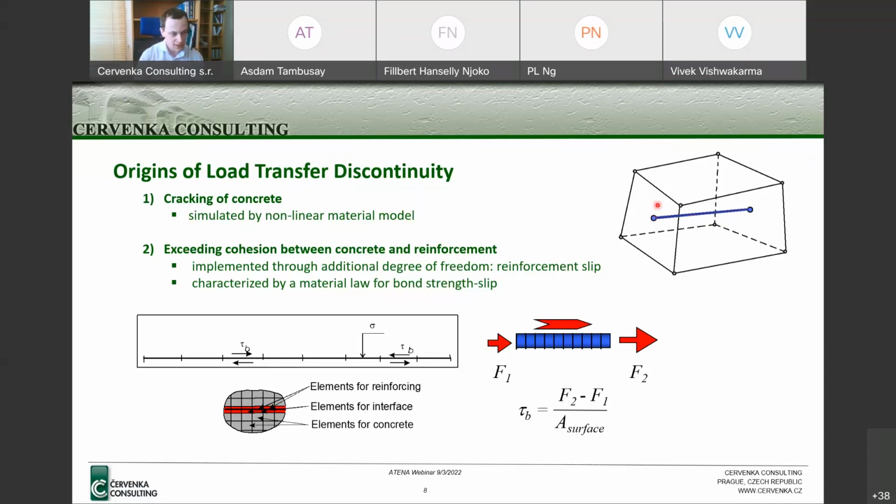In the ATENA software, this is implemented by adding one extra unknown, one extra degree of freedom, which is the slip of the reinforcement. So you can imagine that on the reinforcement bar inside the concrete, at each node there is one additional degree of freedom, one interface, which represents the interface element.